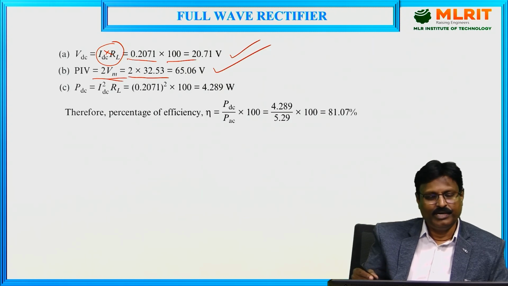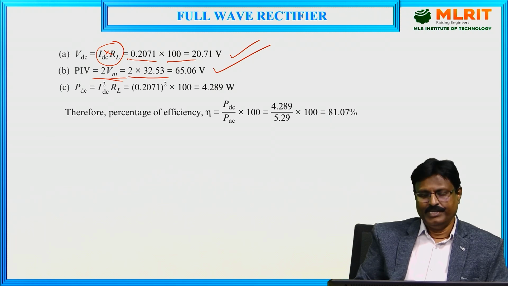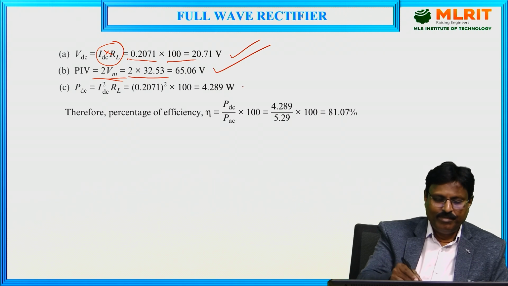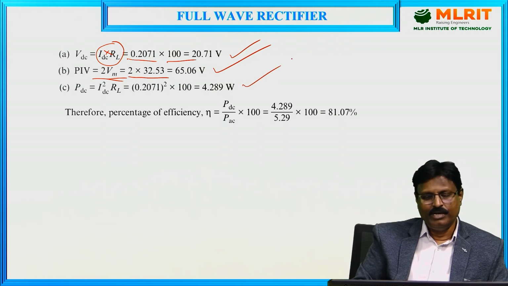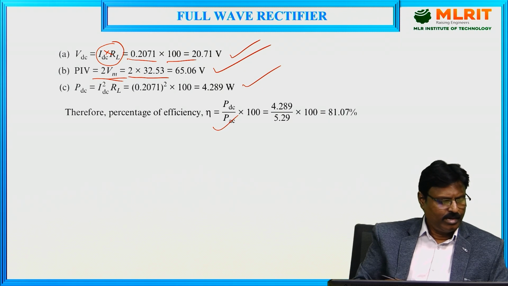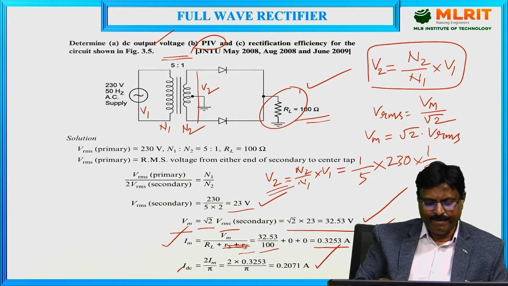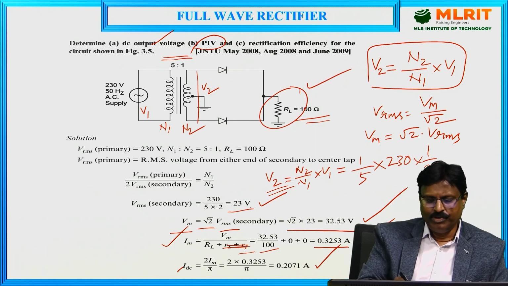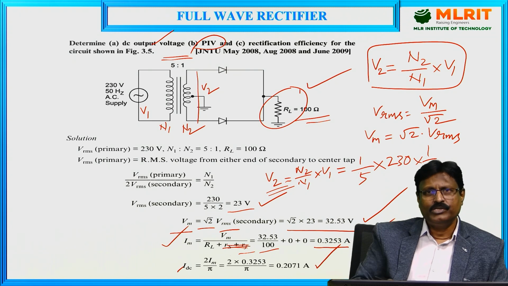Next, the last sub question, the rectification efficiency. You know the formula of rectification efficiency: PDC by PAC, DC output power by AC input power. PDC is equal to IDC square into RL, and PAC is equal to IRMS square into RL, because RF and RS values are not given. Here VRMS value is 23 volts, so IRMS value is 23 amperes.